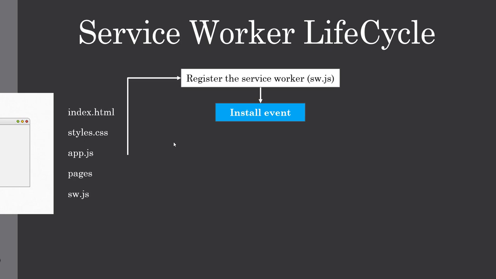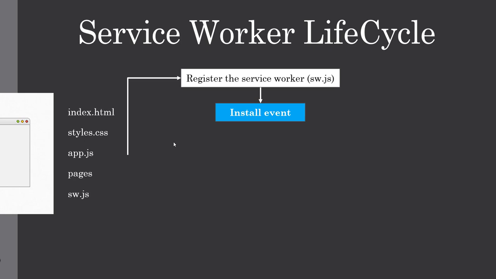So if the registration of the service worker is successful or not, then we can display something. For example, if the registration or the install is not successful, then we could display a warning to the user that the service worker is not available or something.